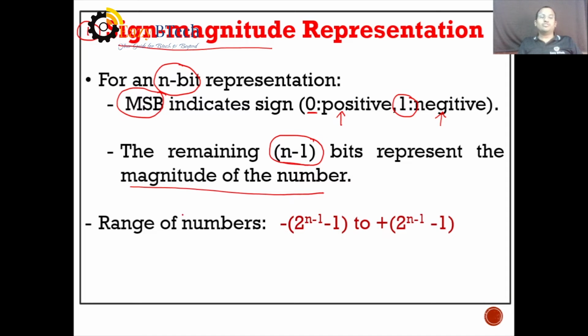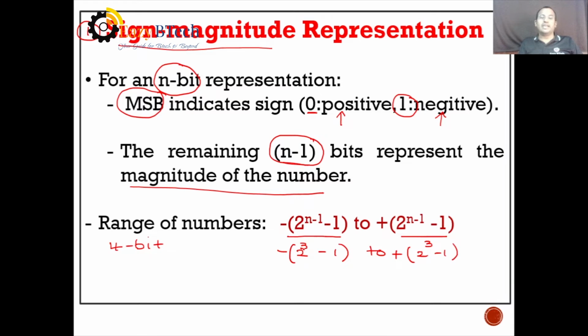So the range of numbers that we can represent in signed magnitude representation is minus 2 power n minus 1, minus 1, to 2 power n minus 1, minus 1. If you take a 4-bit binary number, we can represent minus of 2 power 3 minus 1 to plus 2 power 3 minus 1.